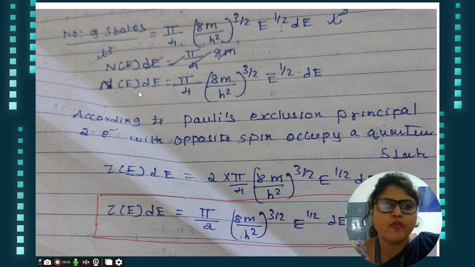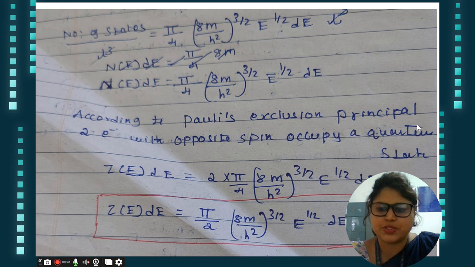So n(E) dE is given by pi by 4 (8m/h²)^(3/2) E^(1/2) dE. Here L is equal to a, both are the same, both are the sides of the cube.